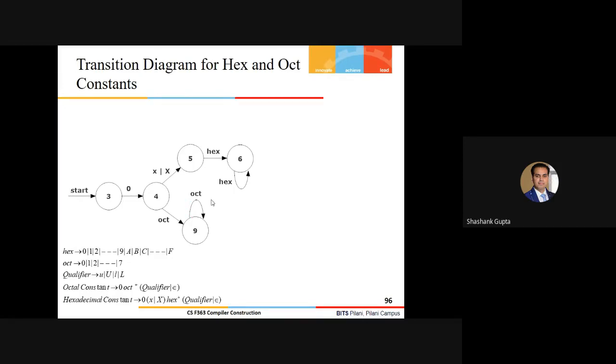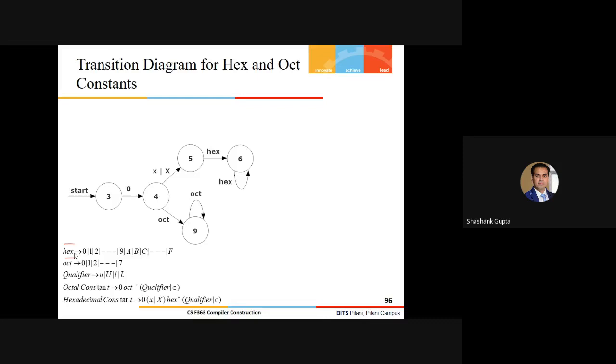However, for the hexadecimal constants, the next character should be either this lowercase letter x or this uppercase letter X. And after that, it has to read the first hex digit, and after that any number of hexadecimal digits. By this notation, we are using these notations. Fine, students, up to this point?